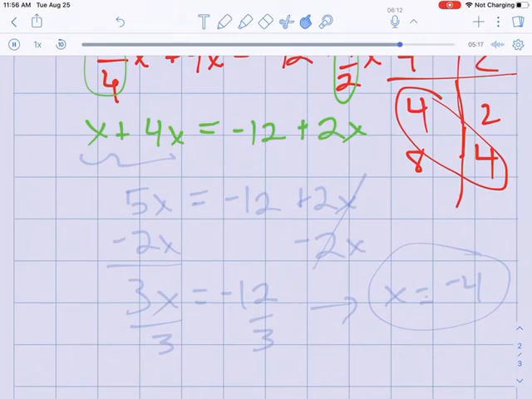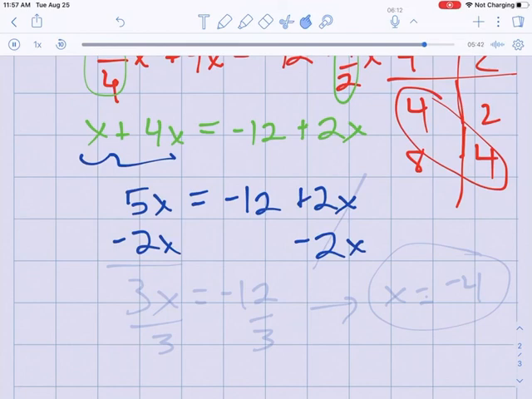So I'll do that really quickly for you guys, only because number 7 is quite a lengthy problem. I can combine my like terms here. x plus 4x is 5x, which is equal to negative 12 plus 2x. Get those x's on the same side. I usually subtract the smaller value.